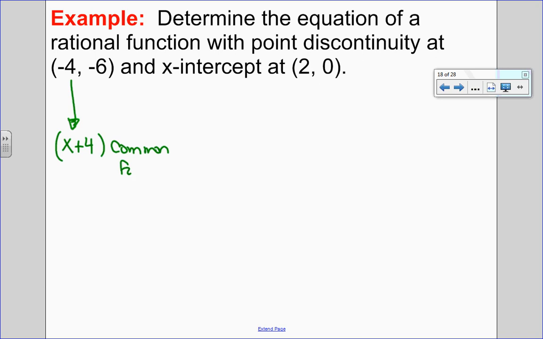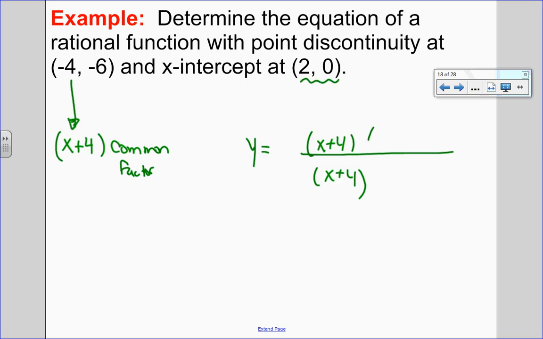That's the only way you can have a point of discontinuity, is if you have a removable factor. So I know x plus 4 has to be on the top and the bottom. I also know that I have an x-intercept at 2 and 0, which means I have a factor in the numerator of x minus 2.